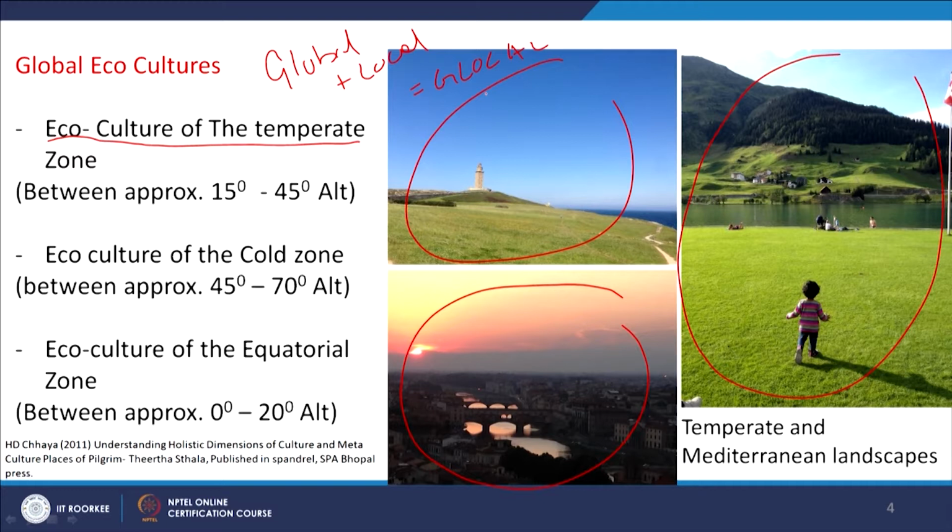But here the most important thing is that our climate tells us how to behave and what routines we can follow. For instance, in the tropical climates, at least in my childhood, we all slept on the terraces. We spent most of our time in the open spaces, whereas in the polar climates, it is very different.